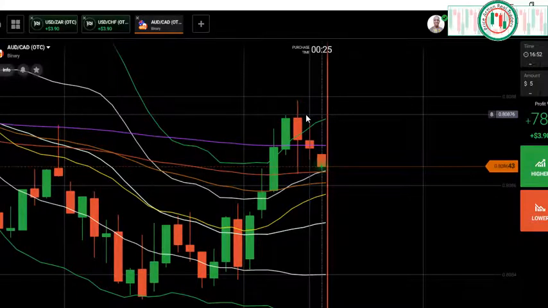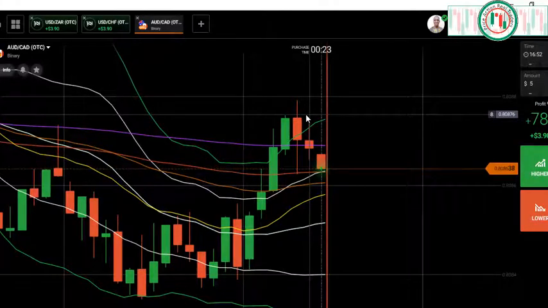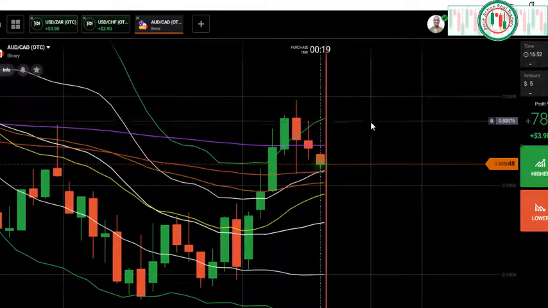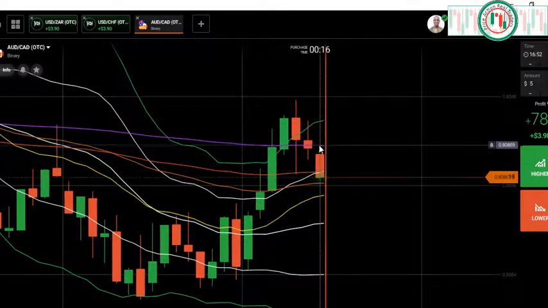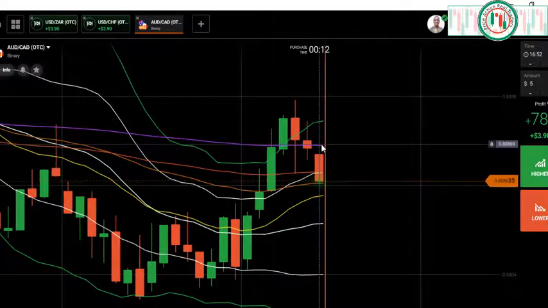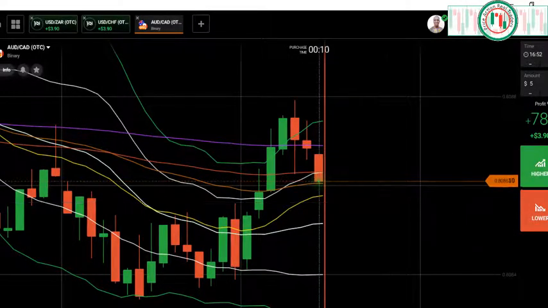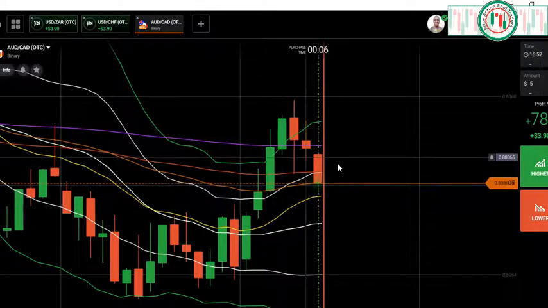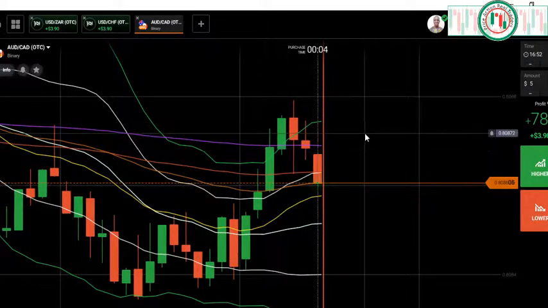Where is this? So if market rejects from this 200 EMA, I will go with sellers. The market is not nice, it's very fast.